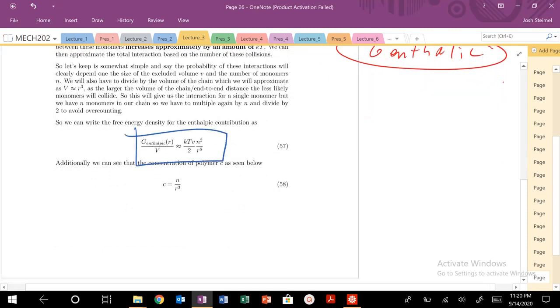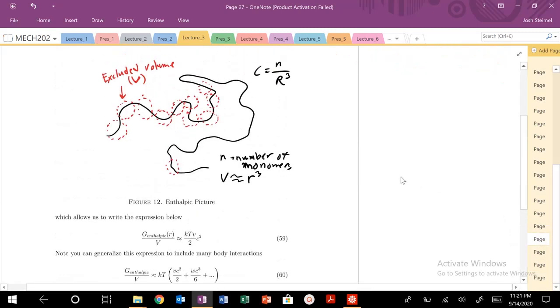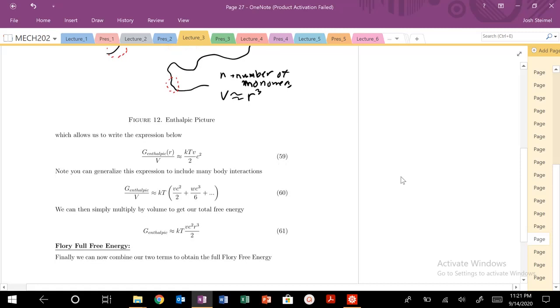And I could use the fact that the concentration, C, can be related by the number of monomer units divided by r cubed. So that will be the concentration, C. That is going to allow me to reuse this expression.